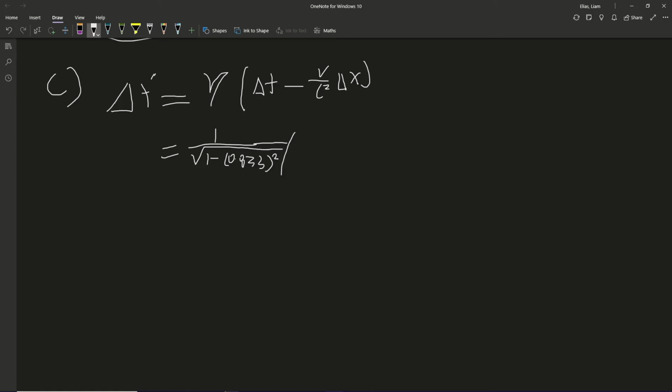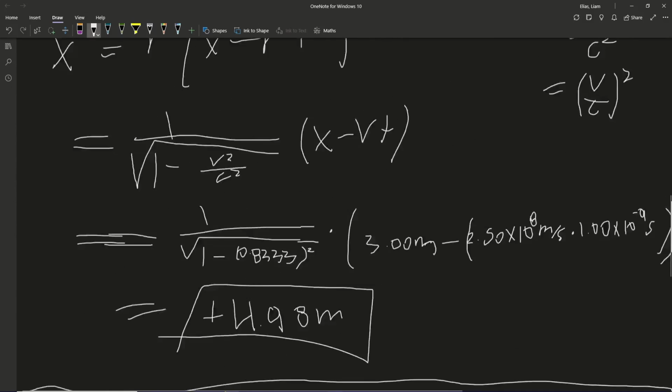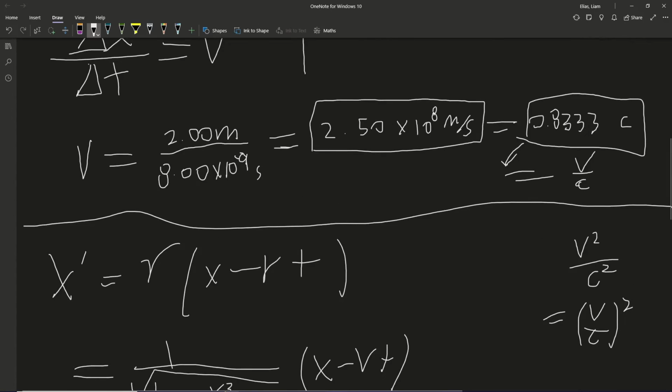And then that's being multiplied by everything in the brackets here. Before I put in the given values, because we already have delta t and delta x, we figured it out in part A, I just want to address this v over c squared. Earlier we calculated v as 2.50 times 10 to the 8 meters per second.